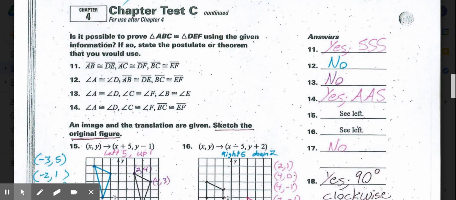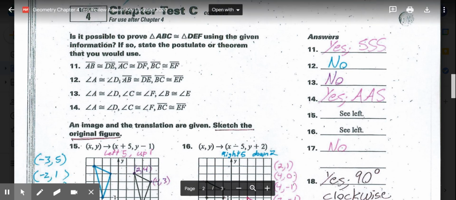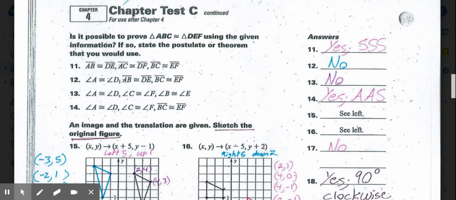So in 11, yes, those two triangles based on the info could be congruent because of side, side, side. In 12, even though they give us two sides and an angle, they don't match up for angle, side, angle, or side, angle, side. So that would be a no. 13, they just gave us three sets of angles.